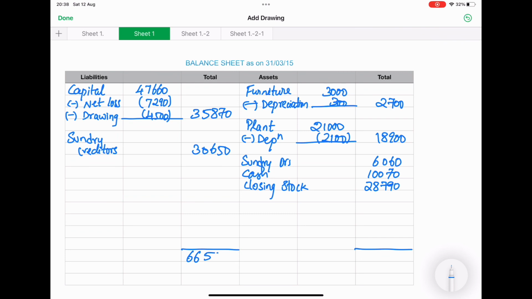If you add the assets, we have to get the same value: 2,700 plus 18,900, and the total will be 66,520. So the answer is correct. So this is how we are going to calculate the departmental trading profit and loss account as well as the balance sheet.